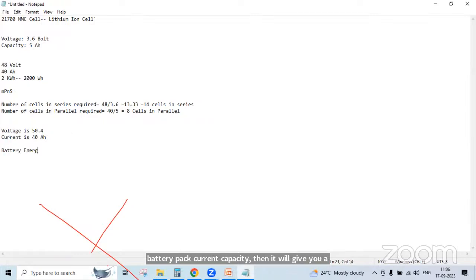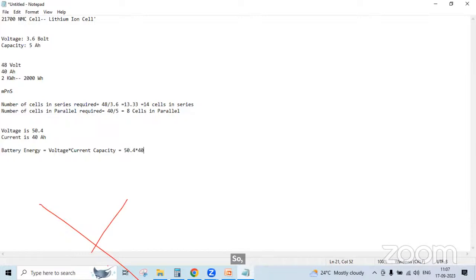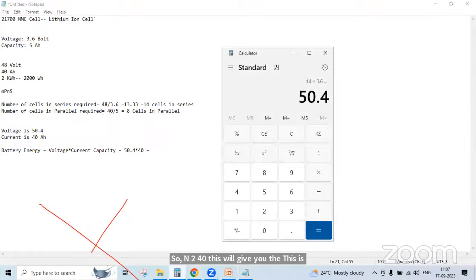Battery energy equals voltage into current capacity. Okay, so 50.4 into 40, this will give you the battery pack capacity. If I do this, 50.4 into 40.